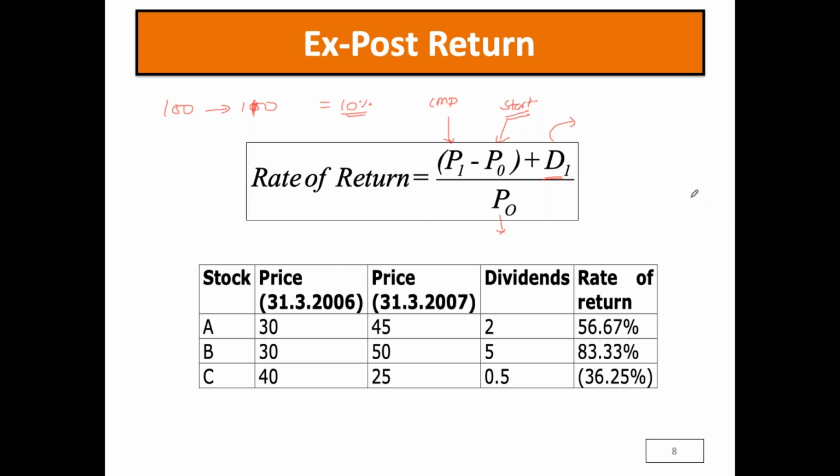Okay, let's take this example. If I am buying share, see 2006 price, 2007 price, if I am buying share at 30 rupees and of which current market price is 45 and it has paid me a dividend of 2, then how much is my rate of return? Easy to find out, let's calculate. So 45 minus 30 plus 2, okay, whole divided by 30 into 100, just try to find out how much percentage return comes.